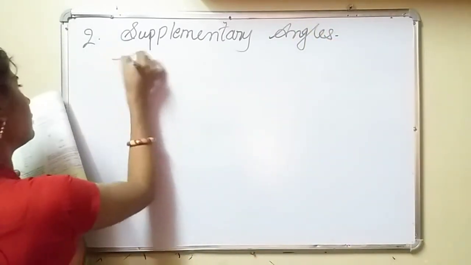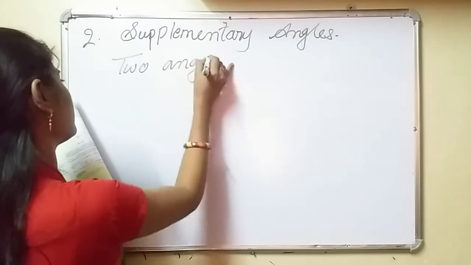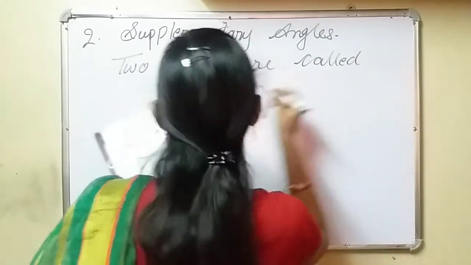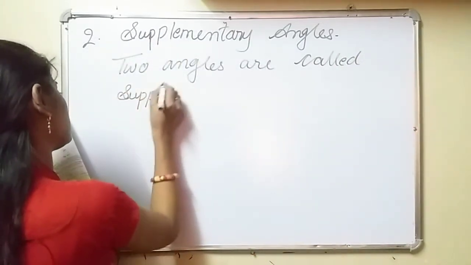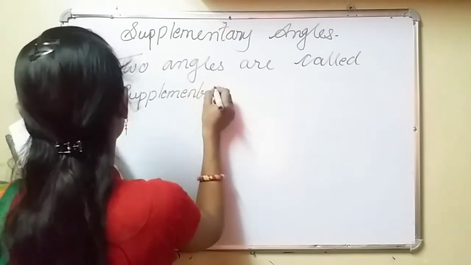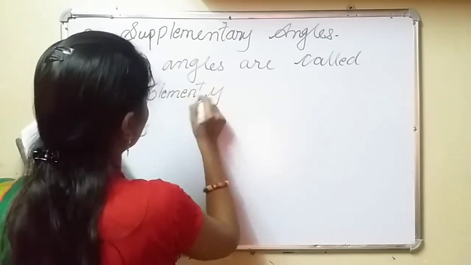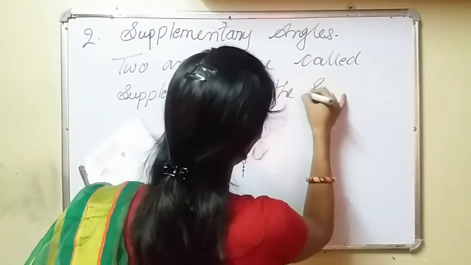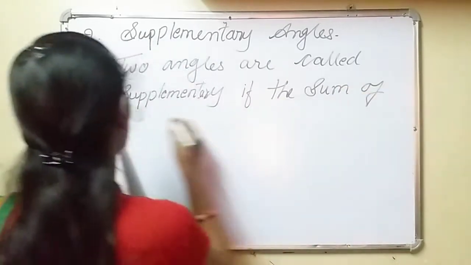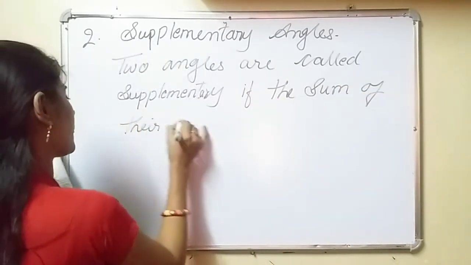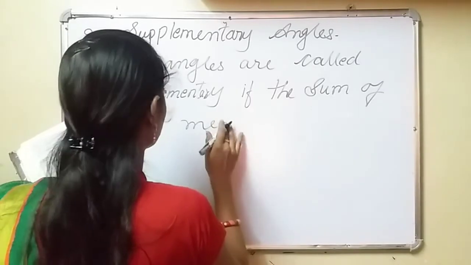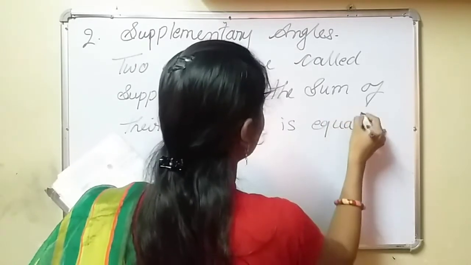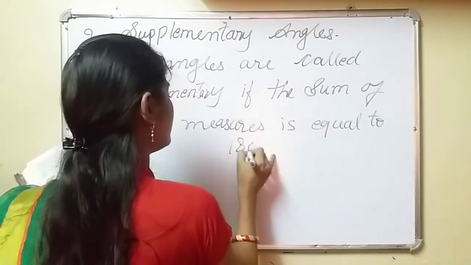Two angles are called supplementary if the sum of their measure is equal to 180 degree.